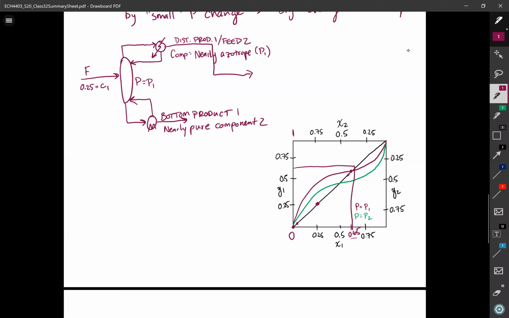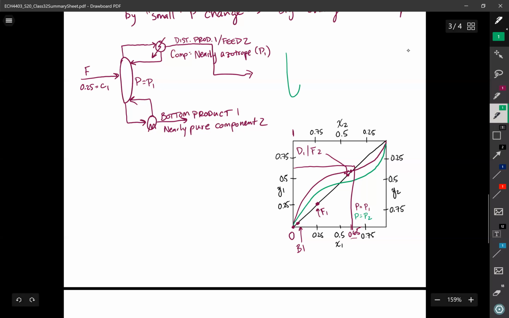So I'm going to be careful about where I draw these points now. I'm going to remind you that this is feed 2, right there. This one was feed 1, and this one was bottoms 1. And feed 2 is also distillate 1. So noticing that I am now on the other side of the azeotrope for pressure 2, the idea here is to feed this thing into the second column, except the second column is now going to operate at a different pressure.